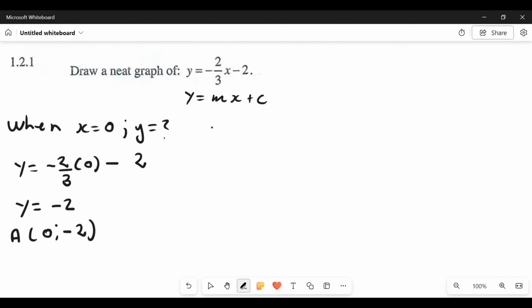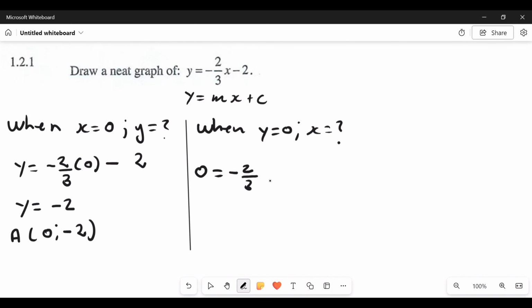So we have 1 point. Now, for the second point, we can use a similar strategy. When y is 0, what is x? So this time around, we make y 0. Wherever there is y in the original formula, we put 0, so 0 is equal to negative 2 over 3 x minus 2.